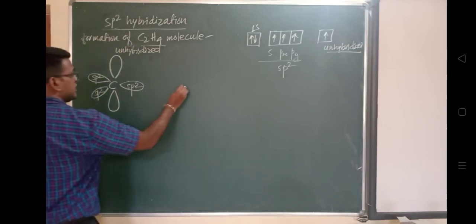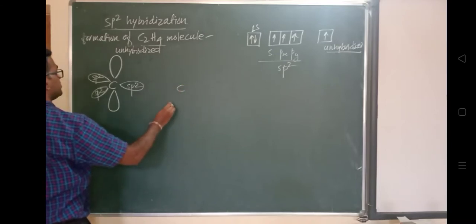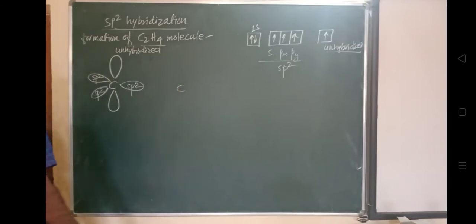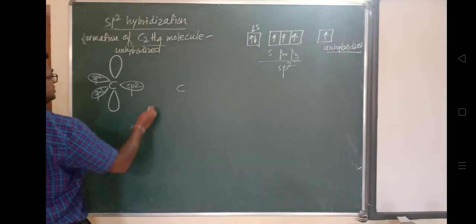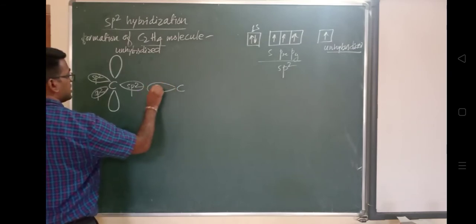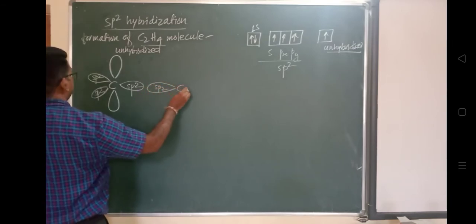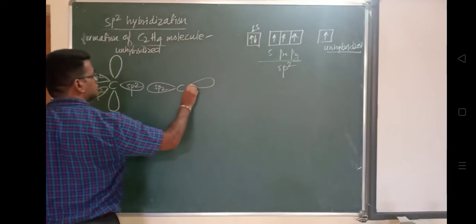But how many hydrogen atoms are here? A total of 4 hydrogen atoms. So now we will draw here one hydrogen atom, another hydrogen atom, another hydrogen atom, and another hydrogen atom.